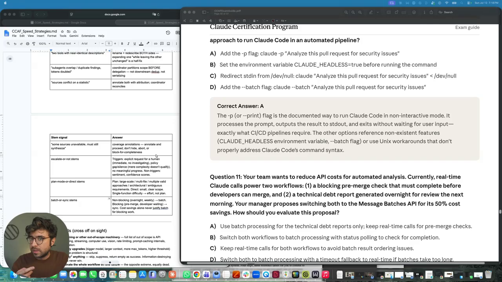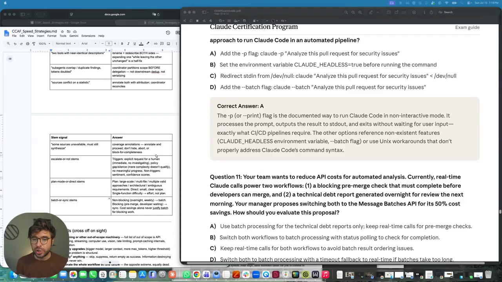One is a Claude call that is being used for a situation that is blocking developers. It's that pre-merge check. And the second is a technical debt report that can happen overnight. So one of these steps blocks developers when they don't have access to it. The other one can happen overnight and it doesn't block developers. Just on its surface, we probably have pretty good information to answer this question.